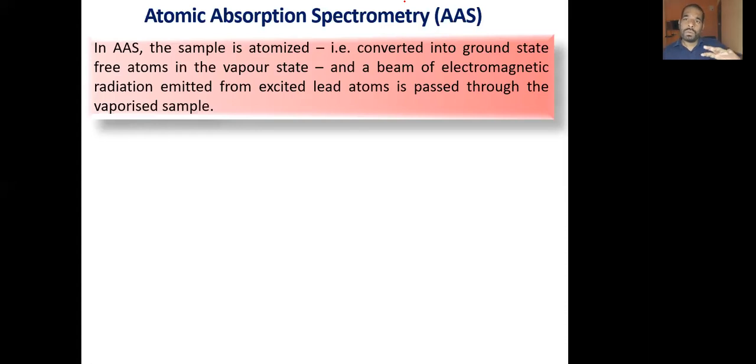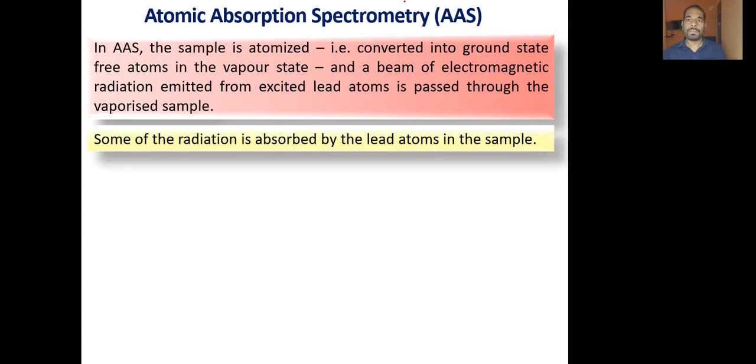Initially the element is available in the sample, but it is atomized, and the beam of electromagnetic radiation emitted from the excited lead atom is passed through the vaporized sample. Some of the radiation is absorbed by the lead atoms in the sample. This is an example with lead as the element.